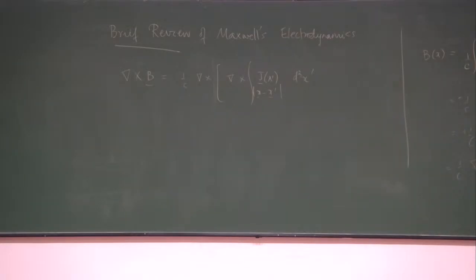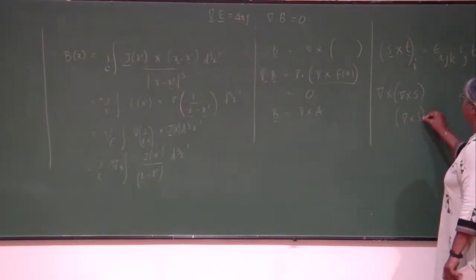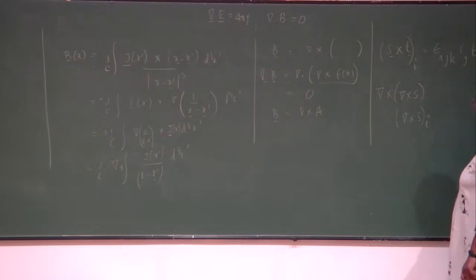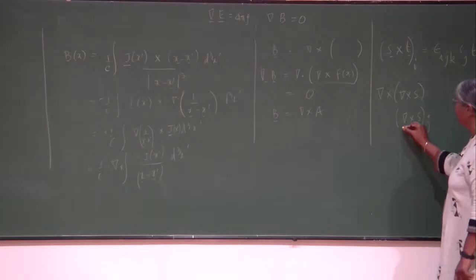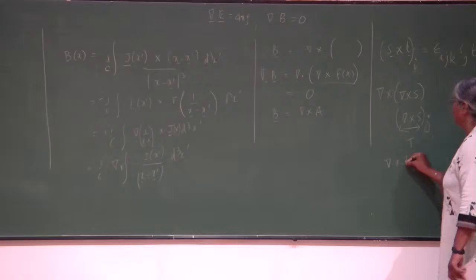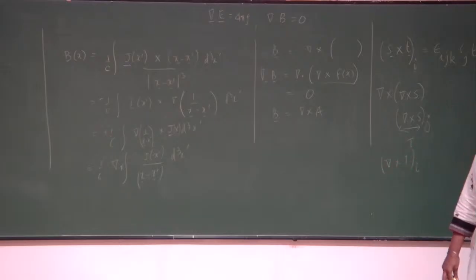Use this formula. So first you write del cross S, ith component in terms of epsilon ijk, or write the jth component, and then you call this some t. So then you find del cross t ith component. Okay, will you please do this and see what you get?